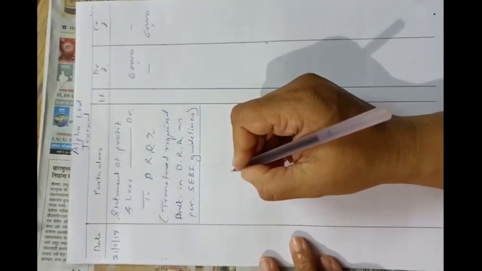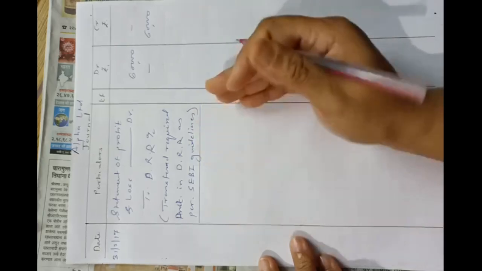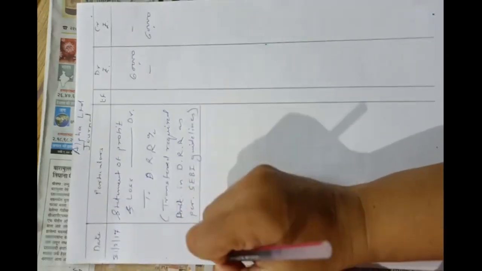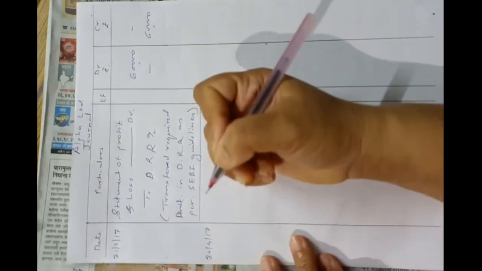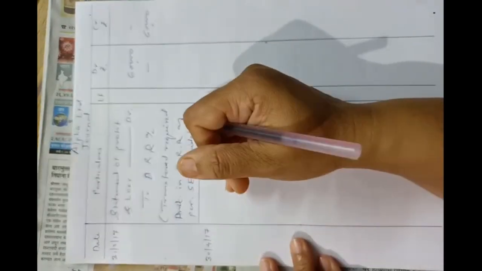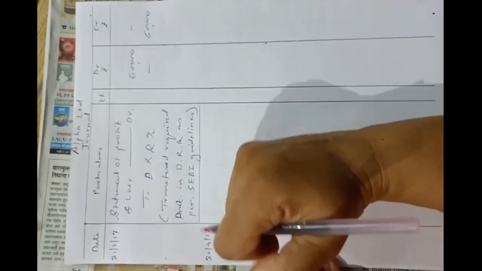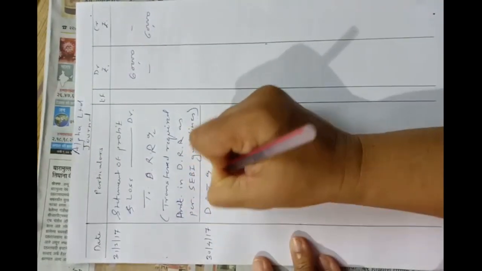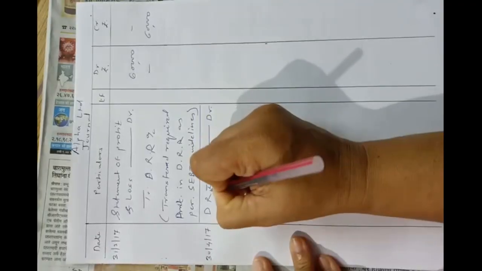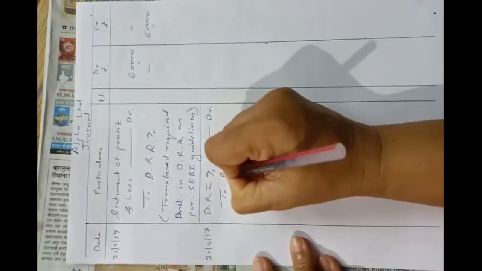Now entry of investment made. Investment will be made on or before 30th April. So 30th April 2017, the year will start on 1 April 2017. Till 30th April they can make the investment of 15% amount at any time. So on 30th April 2017, debenture redemption investment account debit, to bank account.